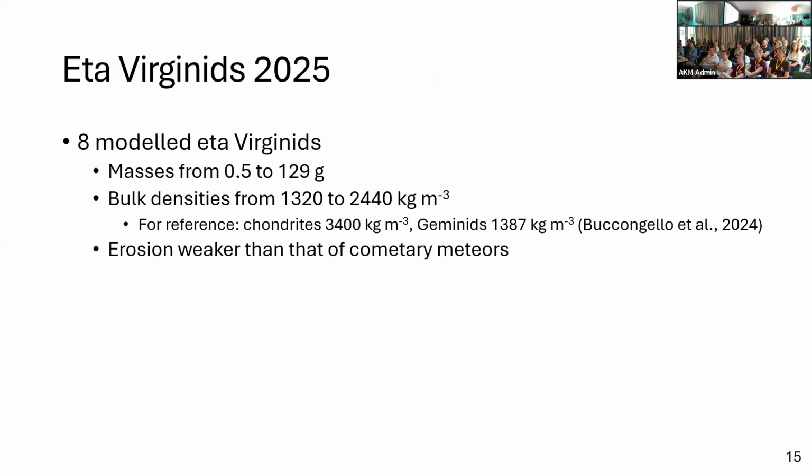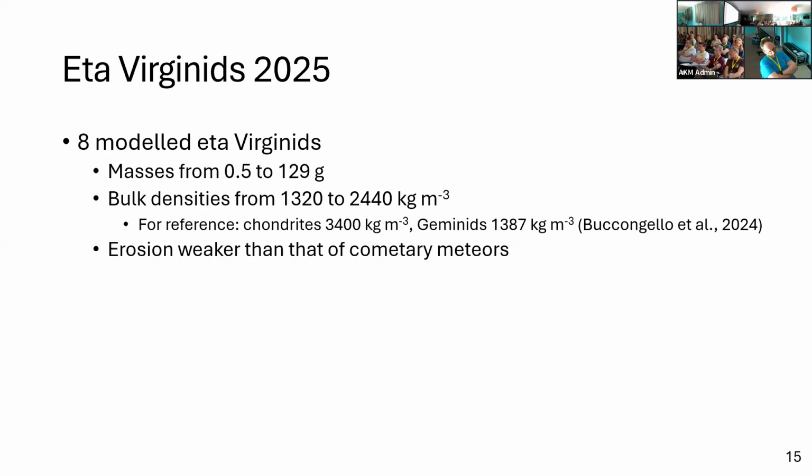And together we have masses in a relatively wide range, but I must say that the most massive one was an outlier. Actually, 5 Eta Virginids ranged from 0.5 to 2 grams. The bulk densities are, again, in a relatively wide range.